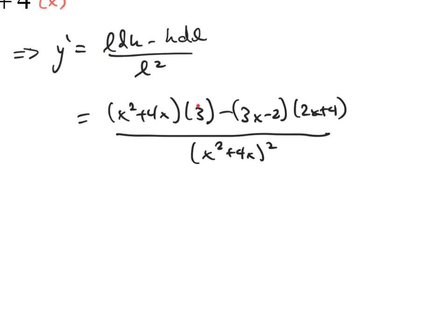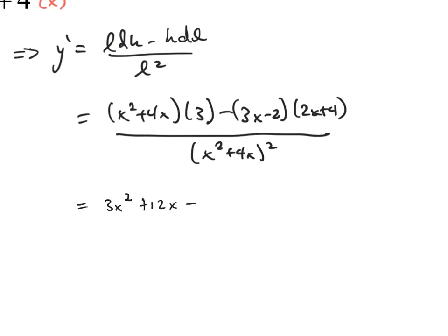So now I'm going to work in the numerator. I'm going to distribute that 3 through to both sides. And then I'm also going to FOIL this out in the 3x minus 2 and the 2x plus 4. I'm going to do this in 2 steps rather than trying to distribute the negative all in 1 step. I want to make sure I don't make those algebra errors. So I have 3 times x squared, which is 3x squared. I have 3 times 4x, which is plus 12x.